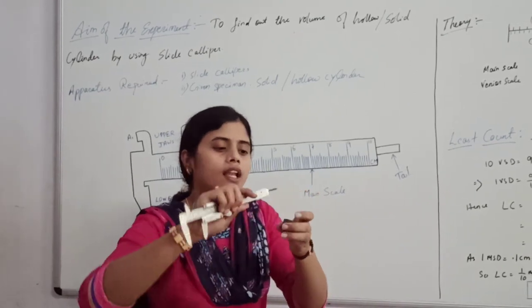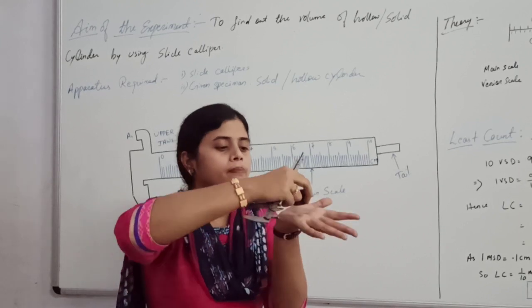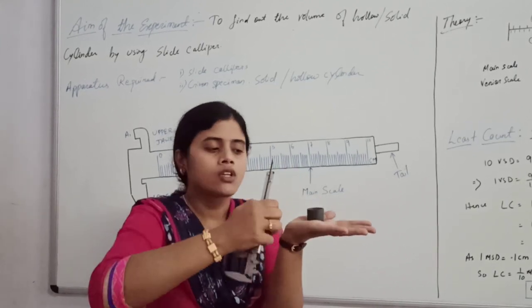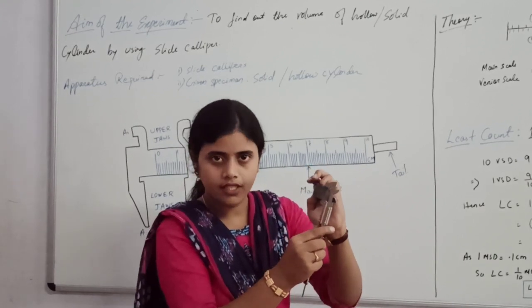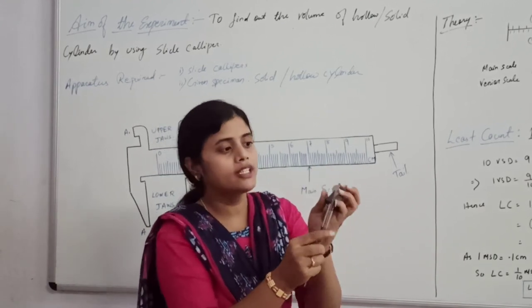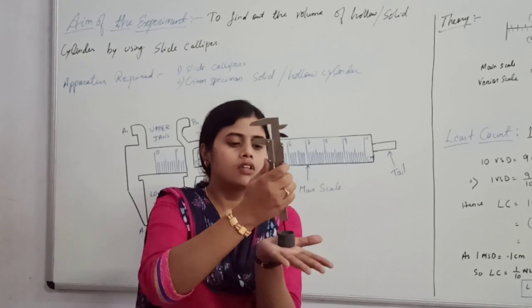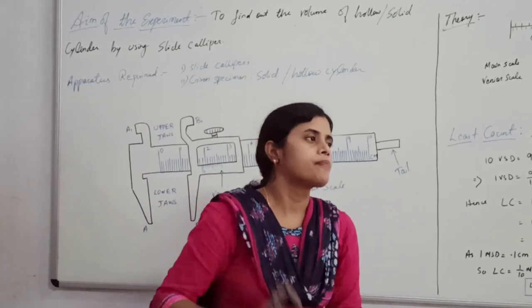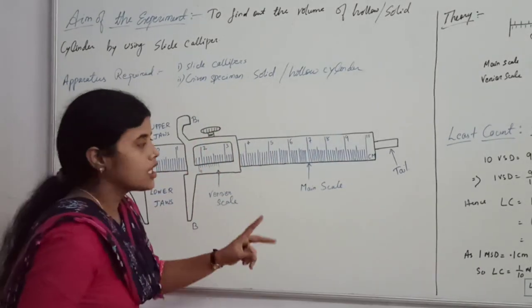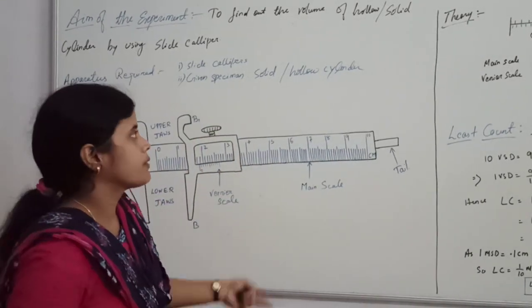Then by using this tail we can find it, because the base is closed now. So you cannot find the height just like this. You can find the external height, but for the depth part you have to take the help of this tail to find the depth. So this is all about the various parts of the slide caliper.